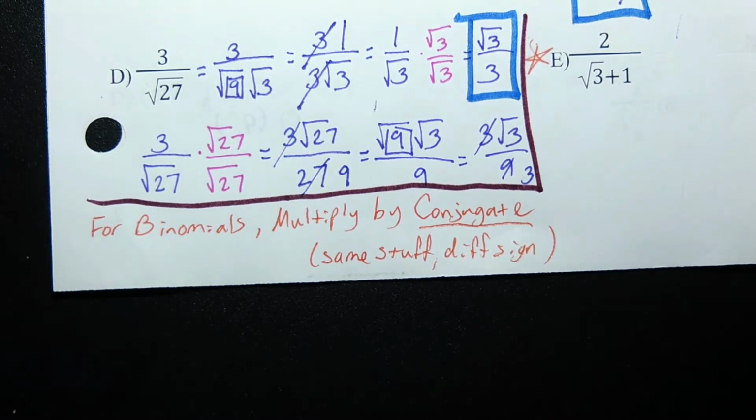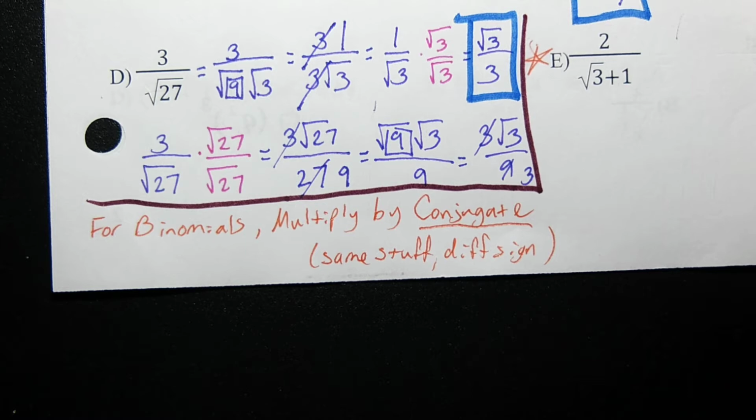For binomials, multiply by the conjugate, same stuff, different sign. It kind of has the feelings of difference of squares, because when I FOIL difference of squares, what happens to my outside-inside products? They cancel, and I'm left with the first term and the last term. So it's kind of similar to what we did there.